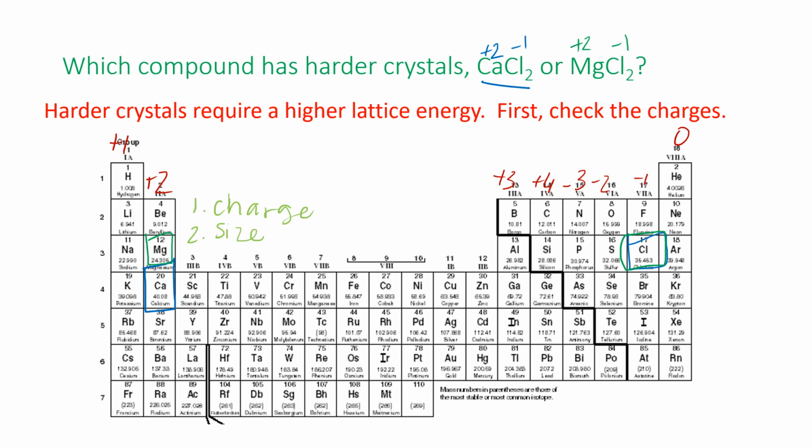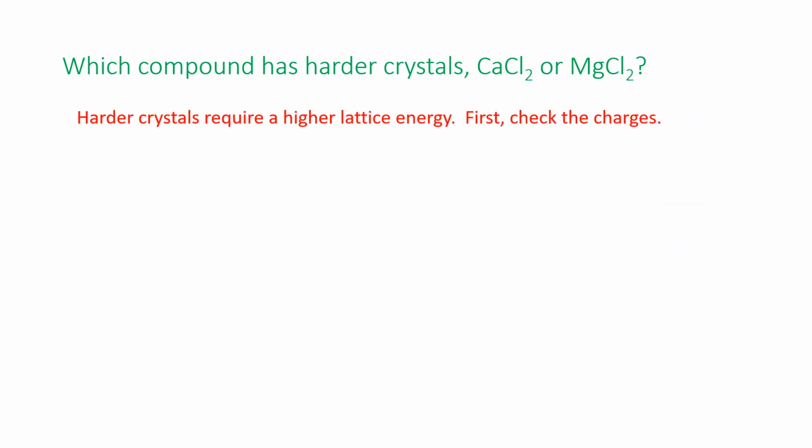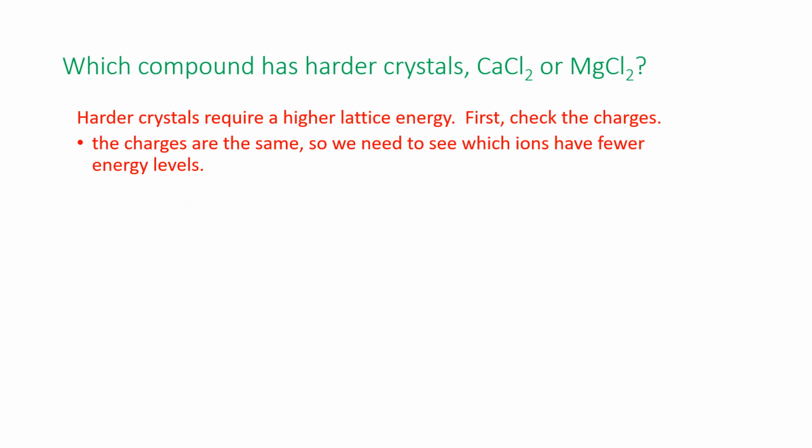And if you notice the size, I see that magnesium is on the 3rd energy level and calcium is on the 4th energy level. Both chlorines are on the 3rd energy level. I'm just not going to write that one in. So what does that tell you? So the charges are on the same level, so we have to see which one has fewer energy levels.